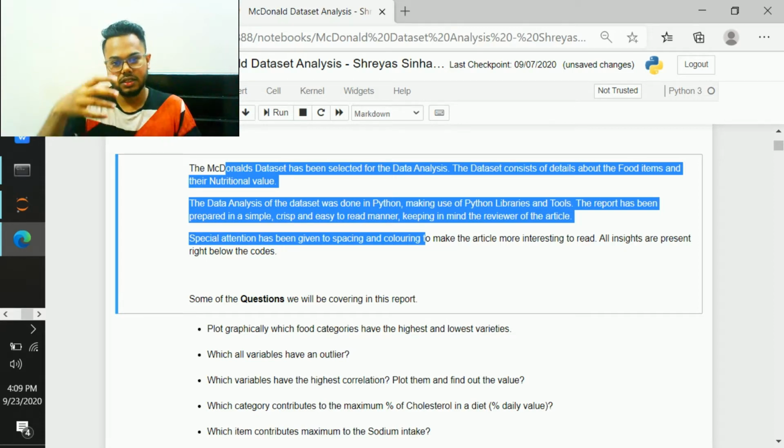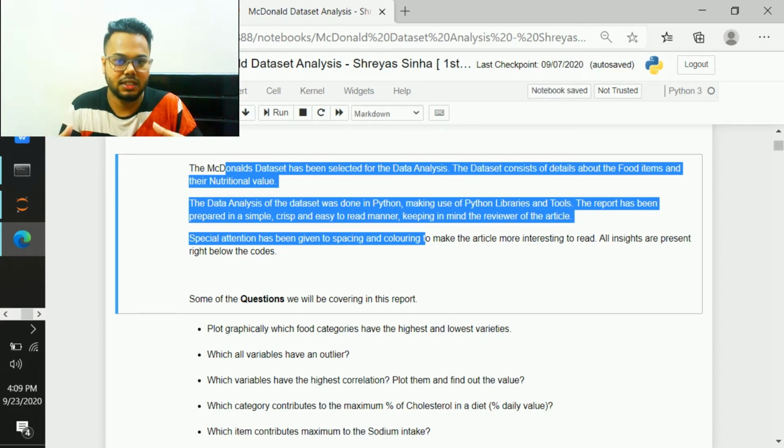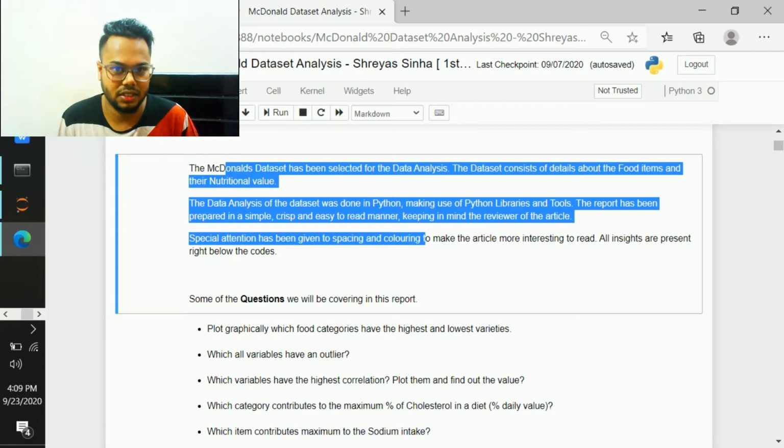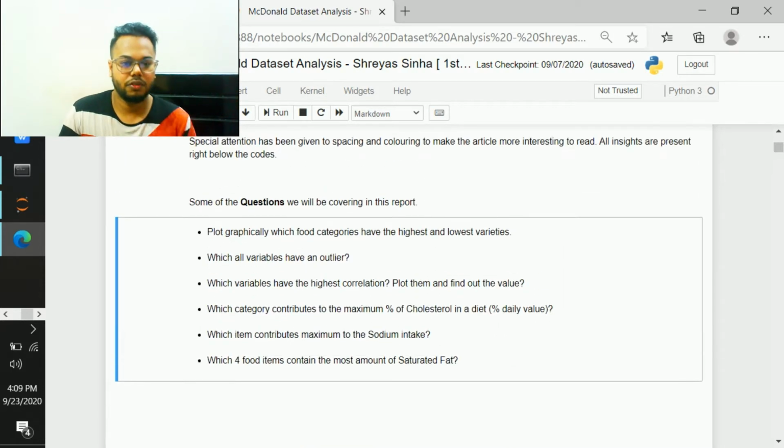There is a breakup of the protein, the carbohydrates, the minerals, the sodium; the constituents of the food have been broken down and provided as the data set, and we have assessed that data set. We'll be inferring a lot of information from this. This was a great learning project and a competition.